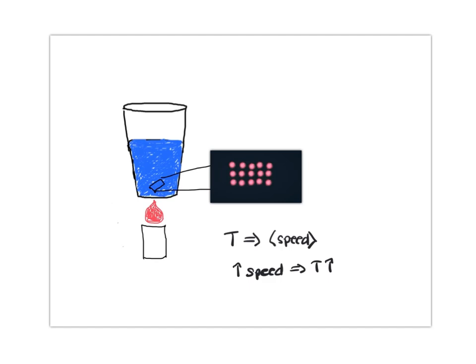So that means that we would expect that the amount of energy transferred, which we call Q, so Q is the amount of energy transferred, we would expect that to be proportional to the temperature.